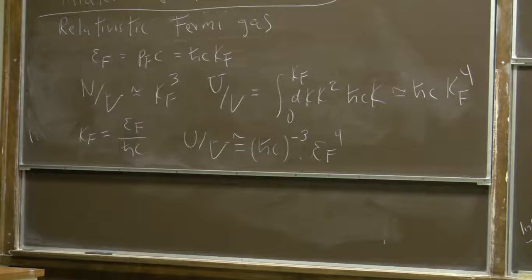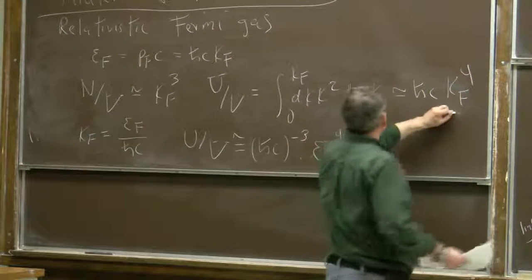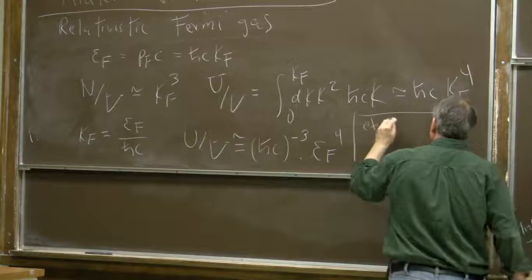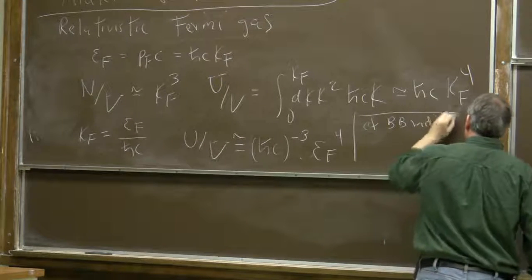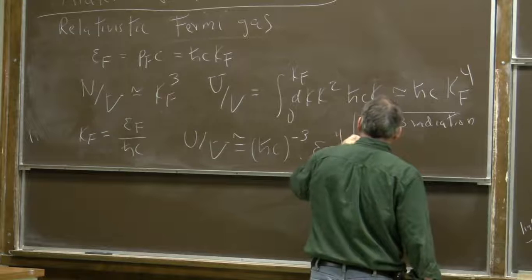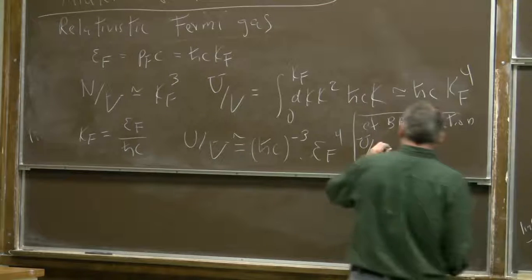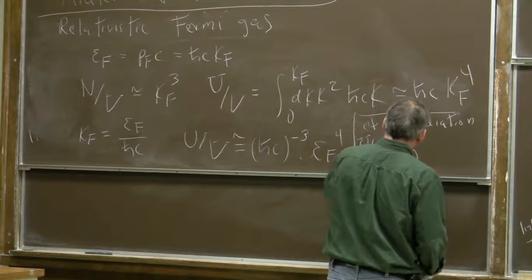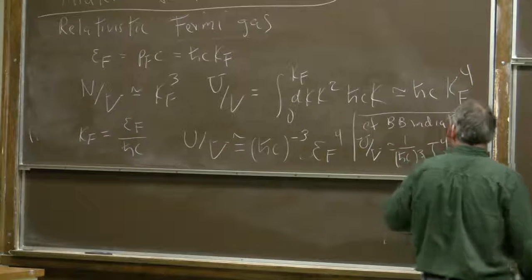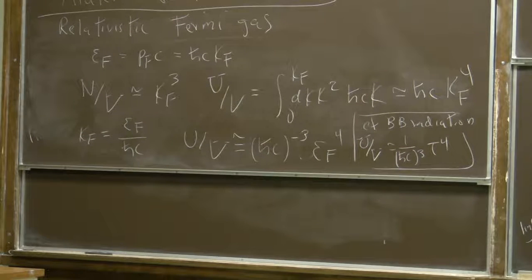Well, of course, that looks a lot like black body radiation, for which we had a similar looking formula with the energy per volume going like 1 over h bar c cubed times temperature to the 4th. Here we're really considering a degenerate gas at 0 temperature, and for the black body radiation, the typical kinetic energy of the photons was fixed by the temperature, but here it's fixed by the Fermi energy, right? Okay.